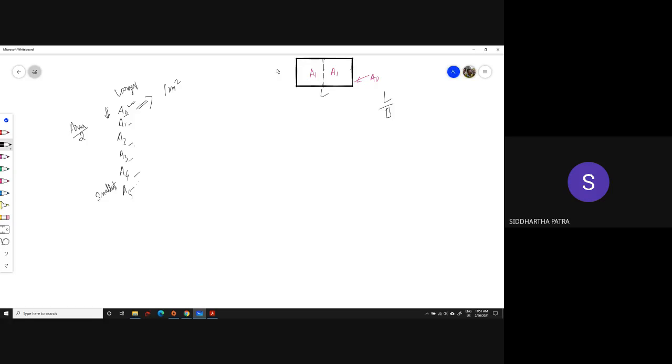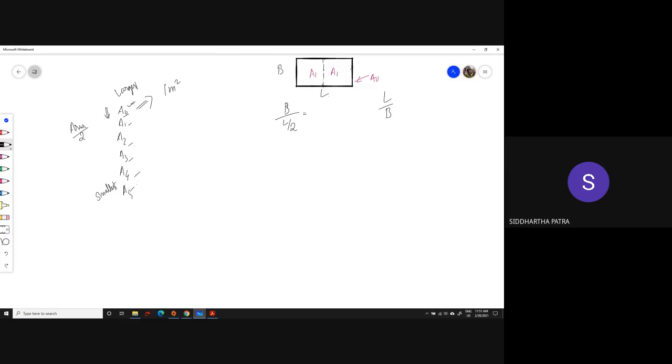So this is L and this is B. So for A1, the length is B and the breadth is L by 2, where B and L are the original breadth and length of A0.